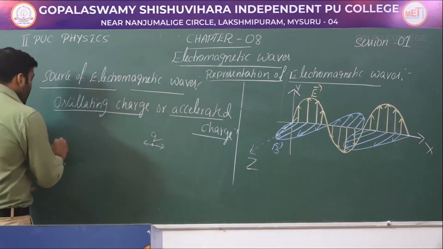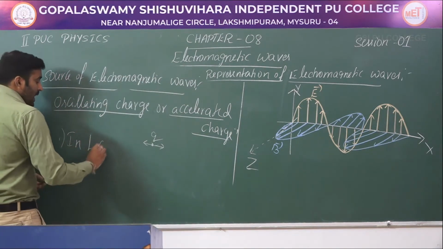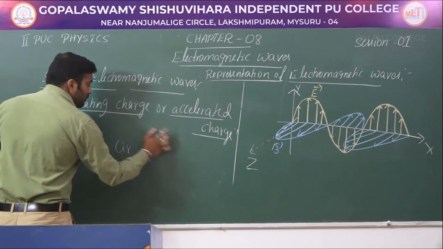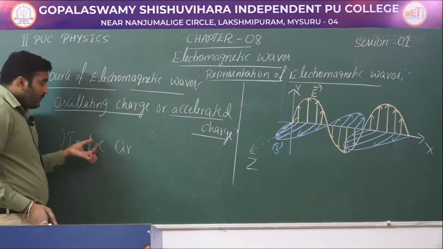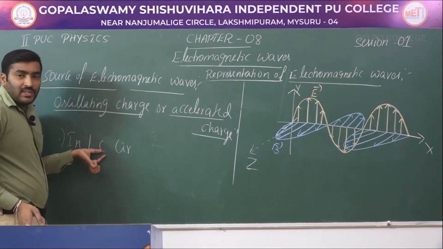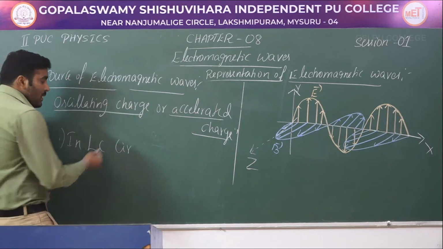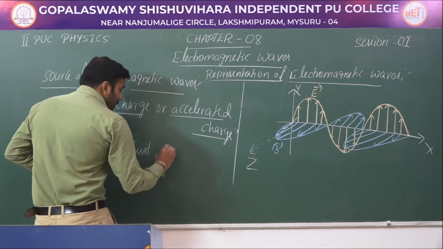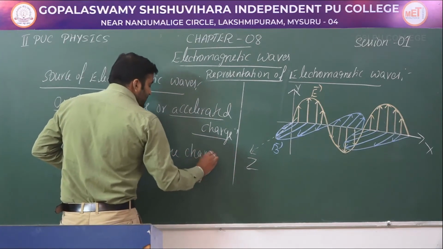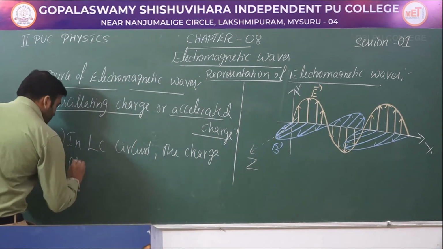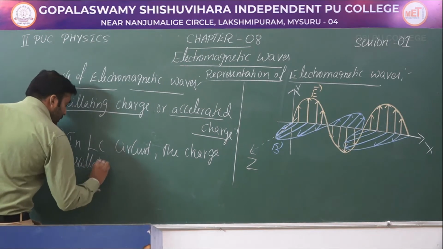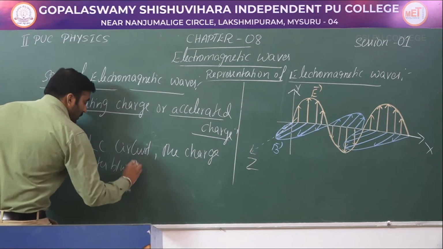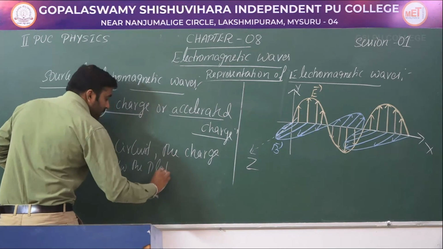So if we give an example for this, what is this accelerated charge or what is this oscillating charge? If you give an example in LC circuits, inductance, capacitance, correct? LC means inductance, capacitance. So in an LC circuit, the charge oscillates between the plates of a capacitor.